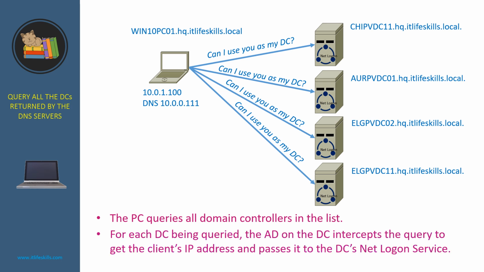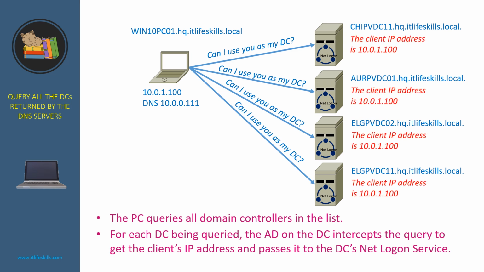For each DC being queried, the Active Directory on the DC intercepts the query to get the client IP address and passes it to the DC's Netlogon service.